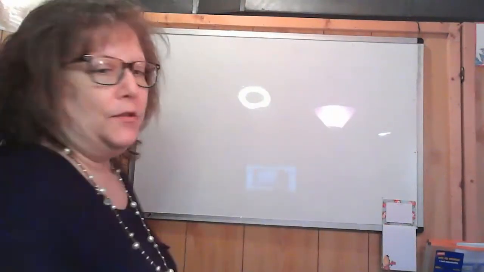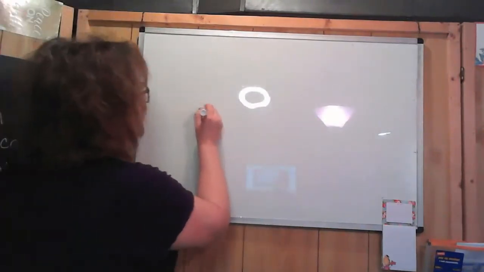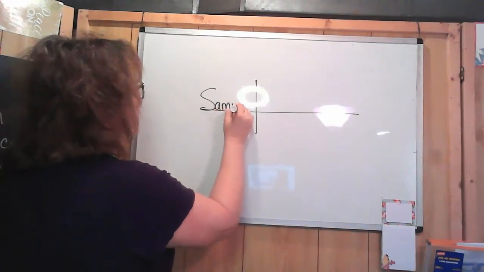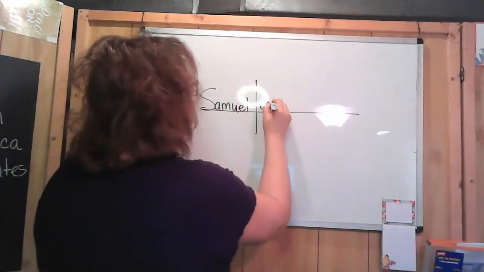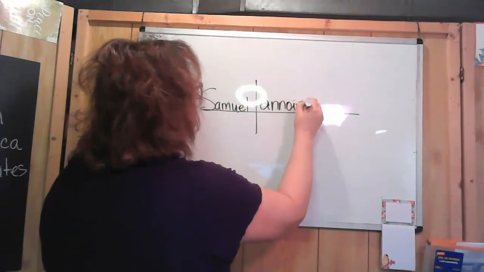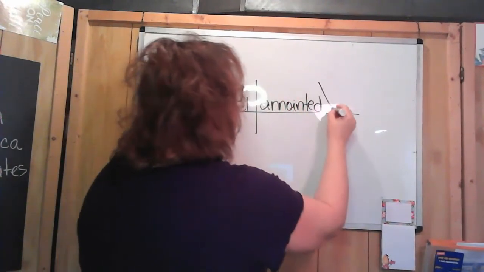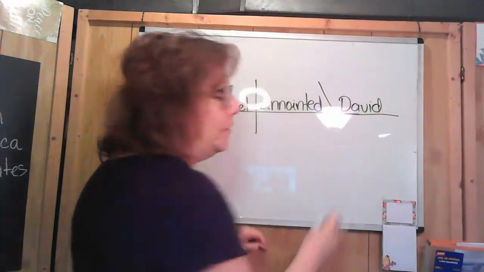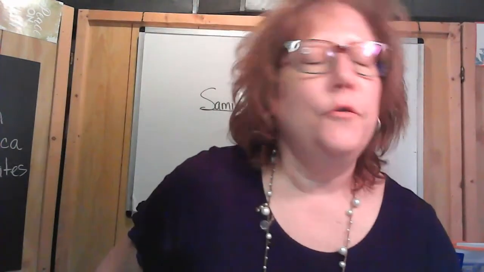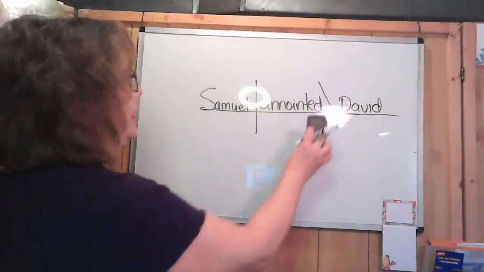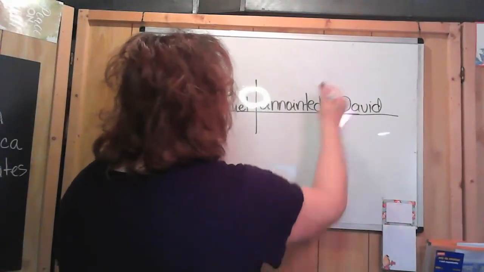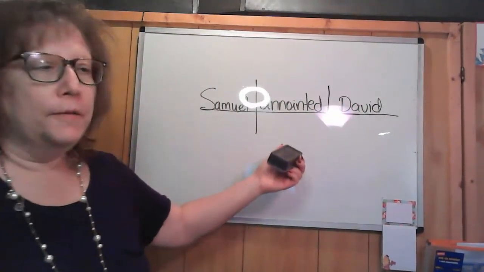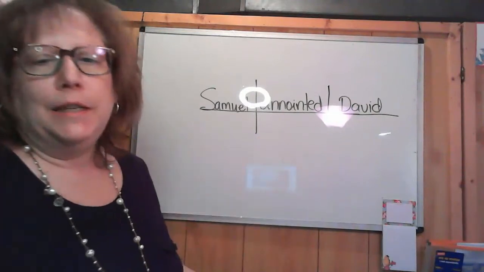And so we have Samuel as our subject, and then anointed, and David. That's probably a direct object. Who did he anoint? He anointed David. So that's your direct object. Samuel anointed David. This is a transitive verb, not linking like I just indicated.